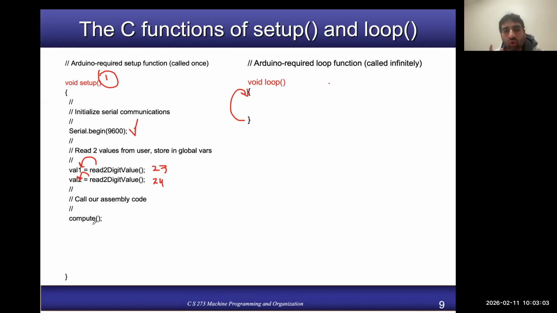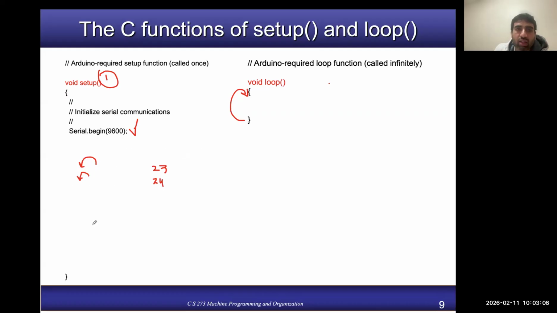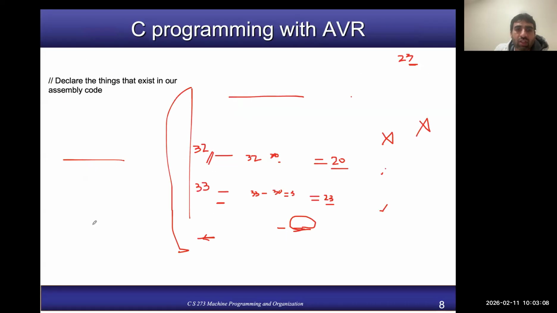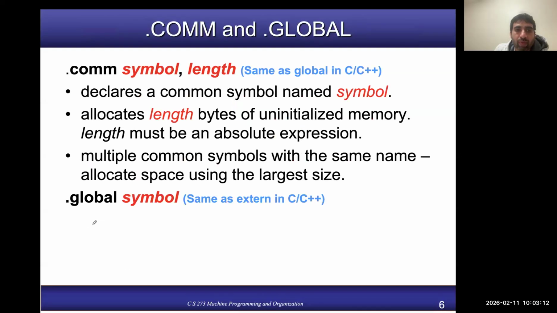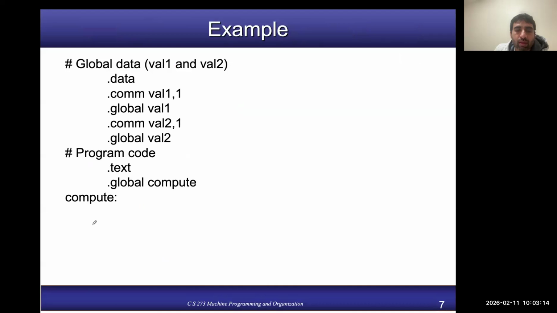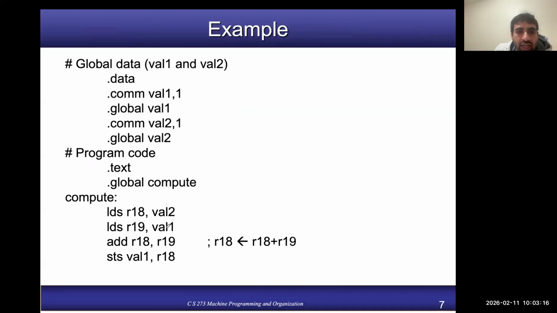Remember, we have written this code in the assembly file. And what will this code do? It will get the value from val2, put it in R18, get the value from val1, put it in R19, add the two values together, put the result back in val1, and then return, right?